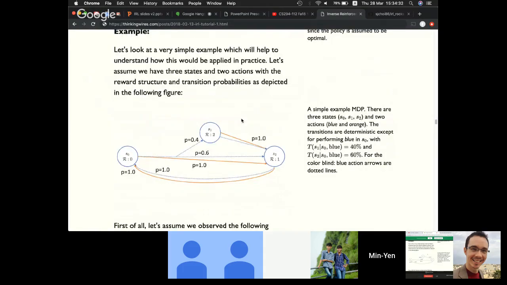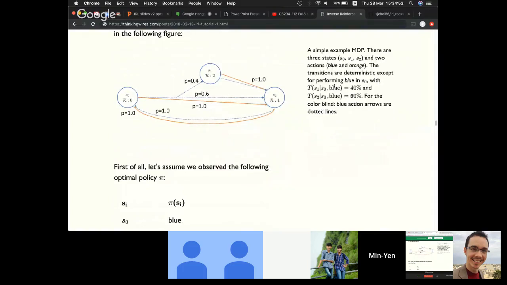Okay. So let's look at a very simple example that will help us understand how this would be applied in practice. Let's look at 3 states and 2 actions with the reward structure as shown. I haven't seen this before, so hopefully it actually is accurate. Let's hope so.